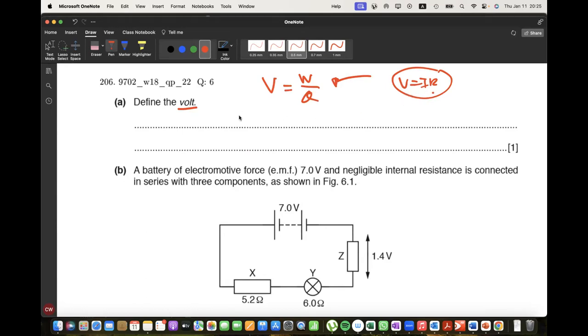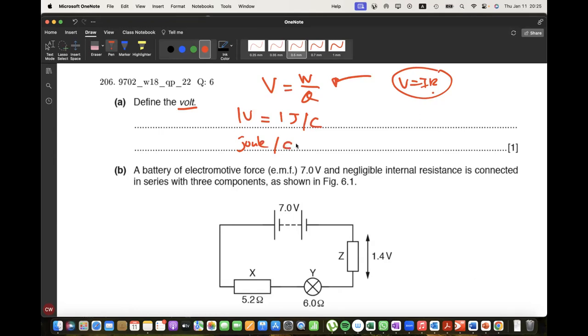So what is 1 volt now? Unit for work done is what? 1 joule. What is the unit for charge? Coulomb. Joule per coulomb, okay or not? Can you write joule per coulomb or not?